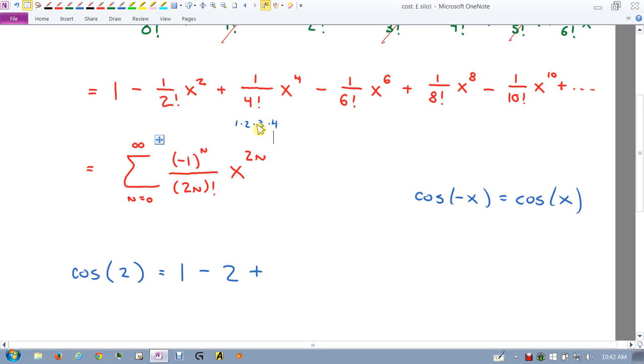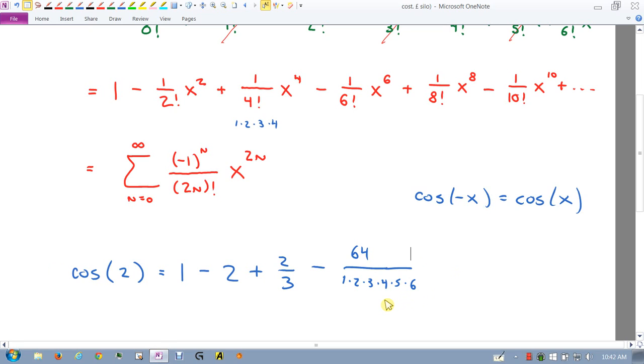Plug 2 in here, you get 16. Divide that by 4, what do you get? 4, divide that by 2, what do you get? 2, but you still have a 3 down here. So how about 2/3? Minus, now what's 2 to the 6th? 64. Yes? So you get 64 divided by 1 times 2 times 3 times 4 times 5 times 6.